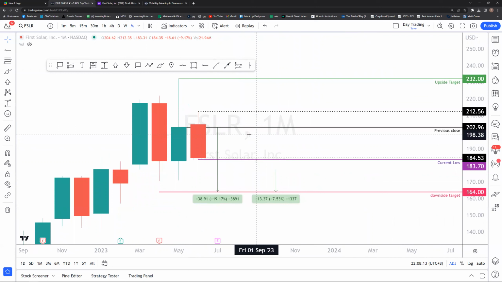Okay, so there's a reason why we are looking at monthly candles, mainly because if you are wrong for the month, it is highly unlikely that you can recover, okay?